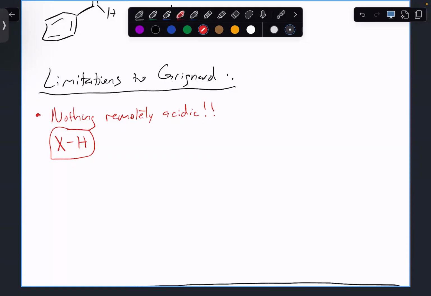This means you can't do a Grignard reaction when your molecule possesses an alcohol, certainly not a carboxylic acid, amines, amides, thiols. Those are probably the biggest concerns.